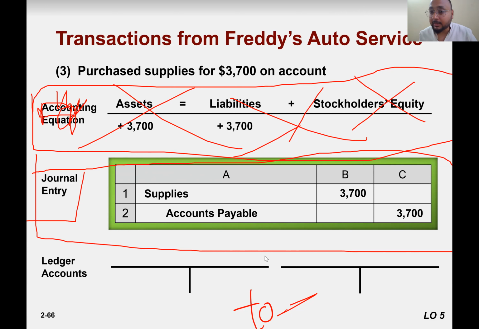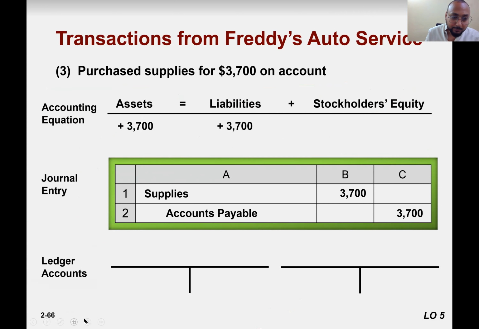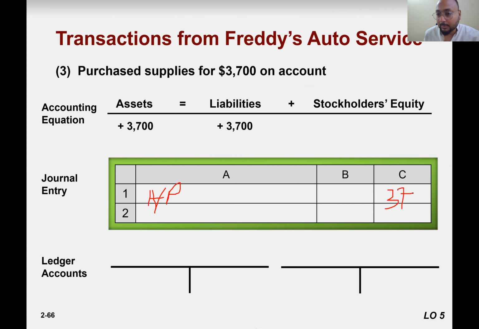So you cannot write this transaction like this. Although the logical side is right, you cannot write this transaction with accounts payable, which is credit, so you write it down on the credit side, which is 3,700.